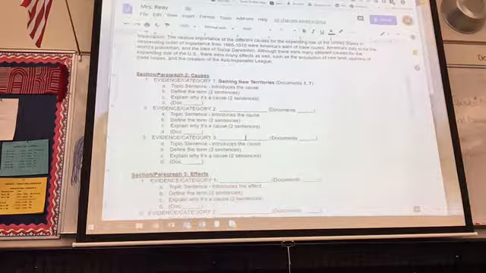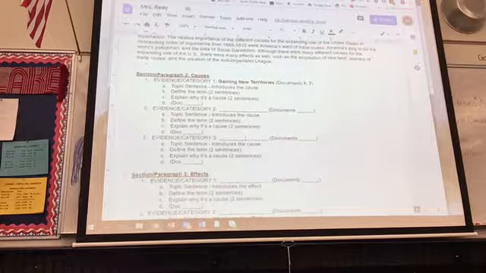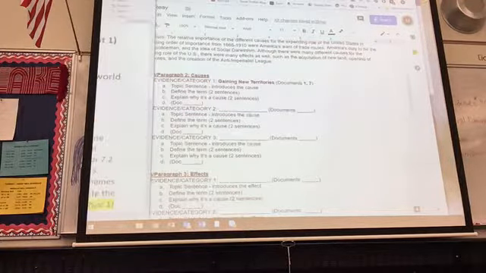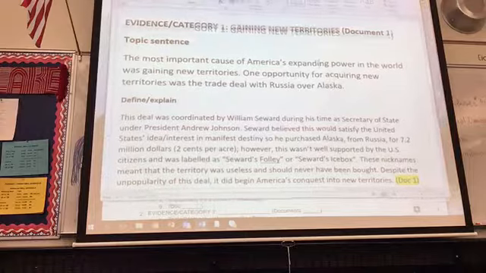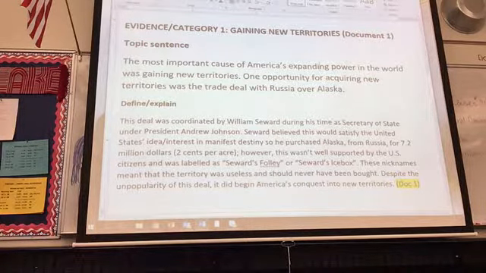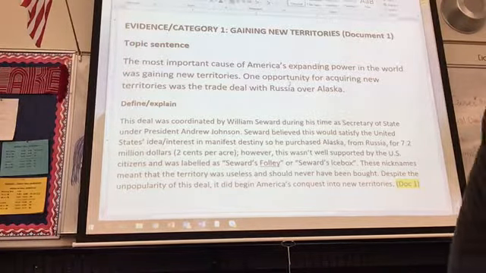Okay. So this is what you are going to do with this document. Now, in theory, you know that your document is associated with a term. So for my document, I decided to do Alaska. Okay? So just like an LEQ, that is all you're doing right now.